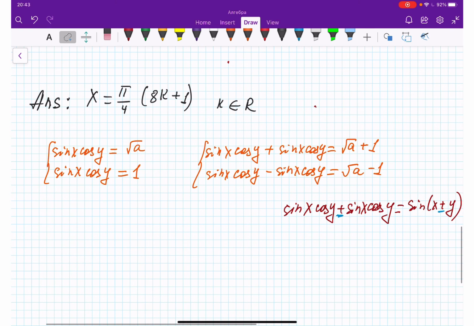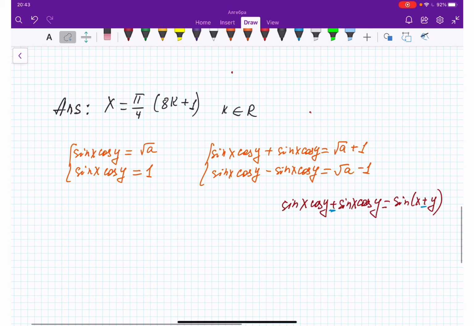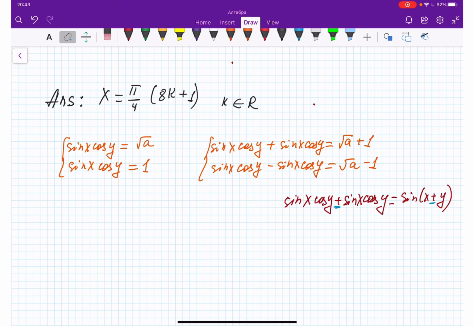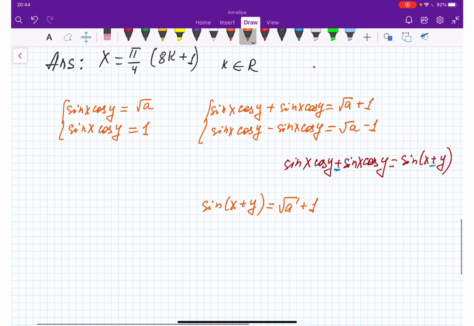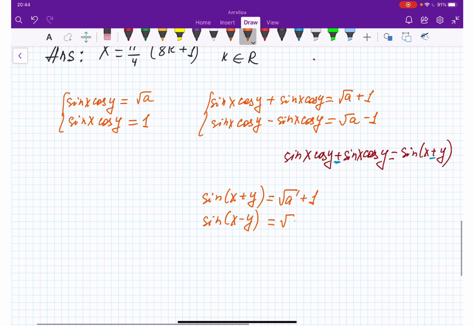Okay, so from here I can write down that sine x plus y is equal square root a plus 1, and sine x minus y is equal square root a minus 1.